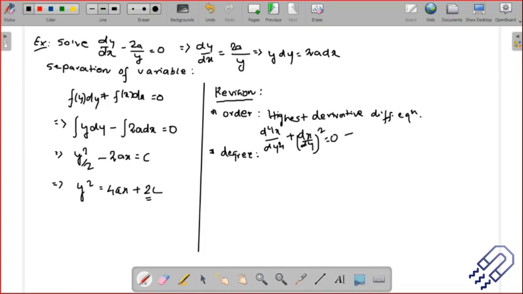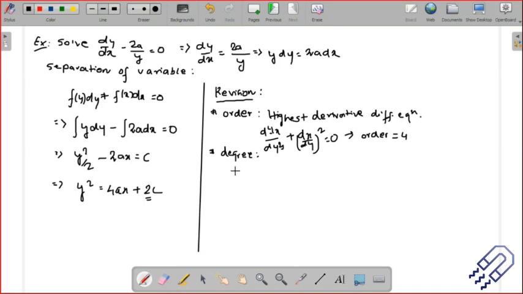In this particular case, if someone asks me what's the order, the order would be 4, because it's the highest derivative of the differential equation. It's not the power of the derivative, it's how many times we are taking the derivative. We're taking it 4 times, so that's why the order is 4. It's not 2. Even in entrance exams they ask these simple questions, which you might have studied even in your undergraduation, so it's expected that you know it. So that's your order.